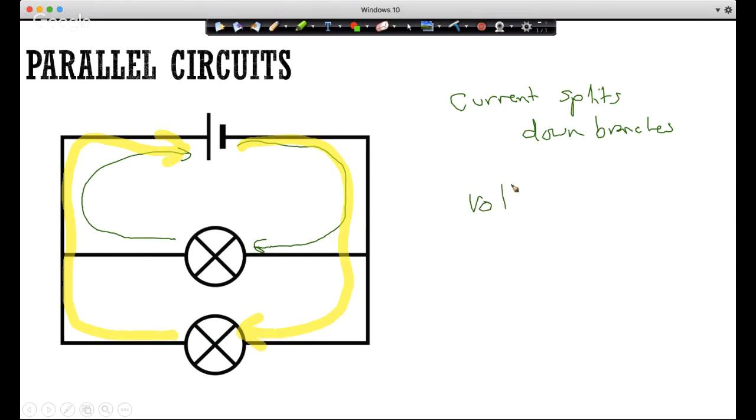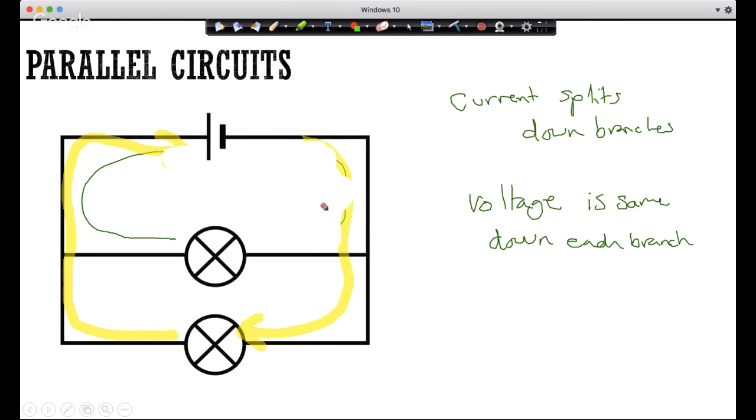The amount of energy carried by the electrons, the voltage, is the same down each branch. Let me give you some numbers if you're not sure what that means. Let's use the same numbers as last time: 12 amps and 6 volts being provided by the battery.